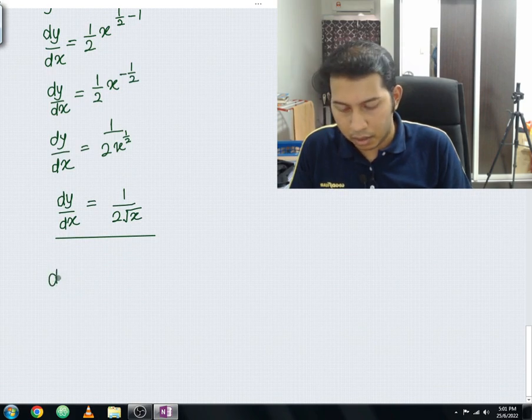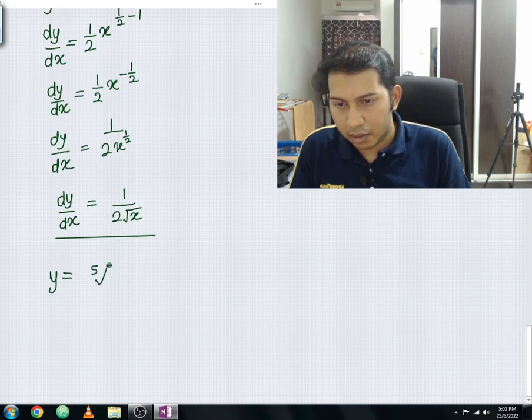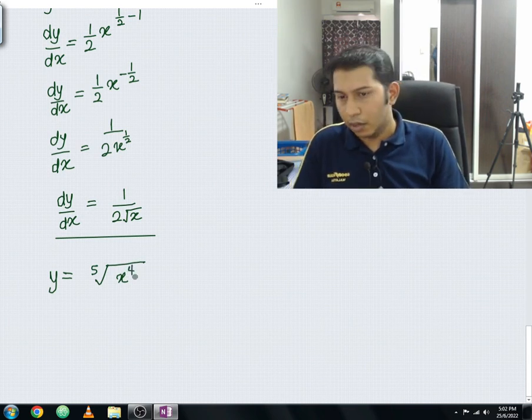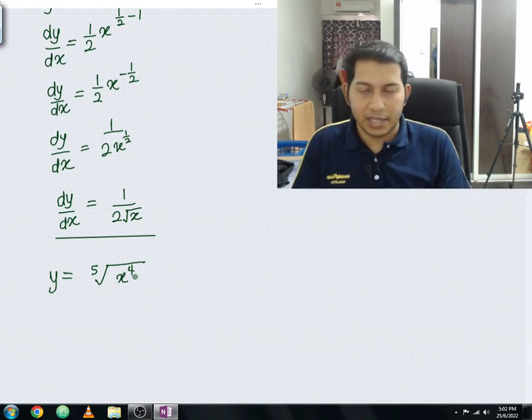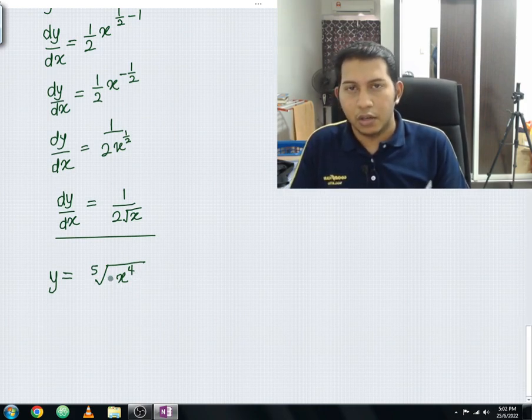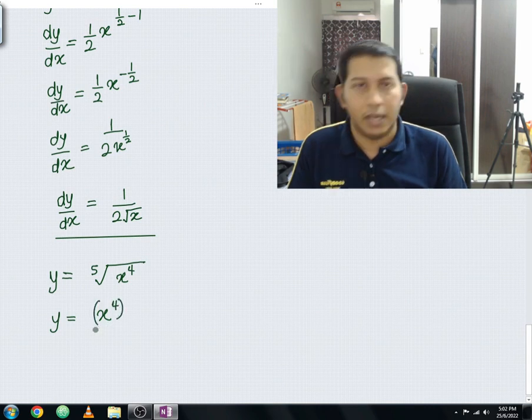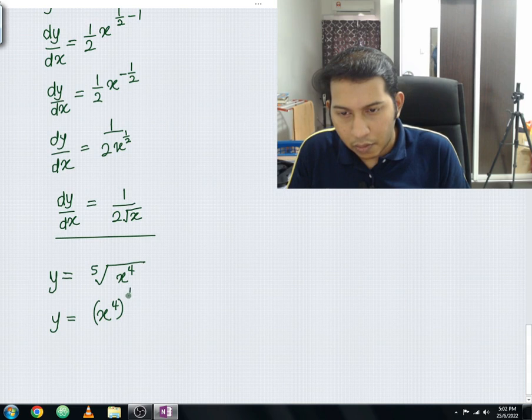Okay, let's say you have y is equals to the fifth root of x to the power of 4. So how are you going to solve this? Similar steps, you first convert this into the power form. y equals x to the power of 4, and then you times with 1 over 5.